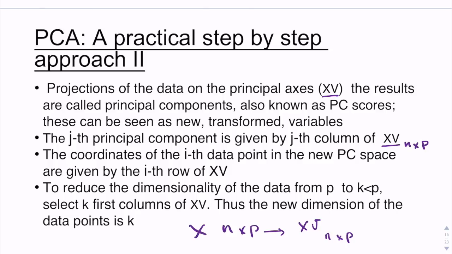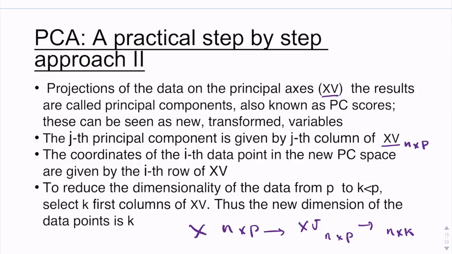If you want to reduce the dimension, we can choose only k principal components. We have a matrix whose columns are principal components. Then we can choose k principal components rather than p, which was the original dimension. Then this new matrix, whose dimension is n by k, is the reduced-dimension or compressed data set.